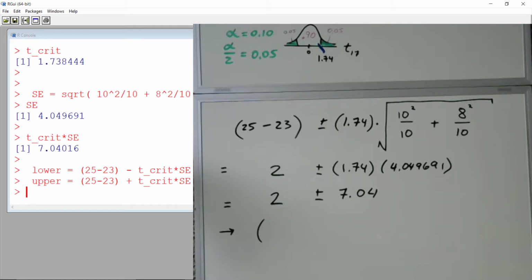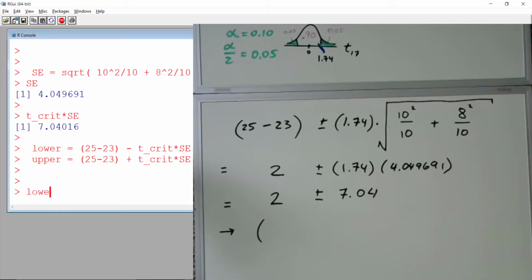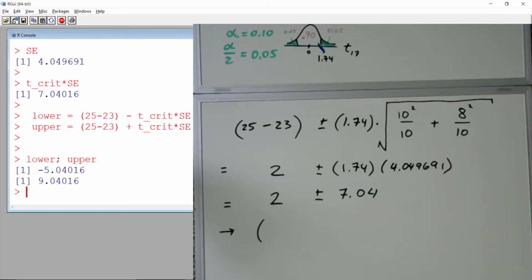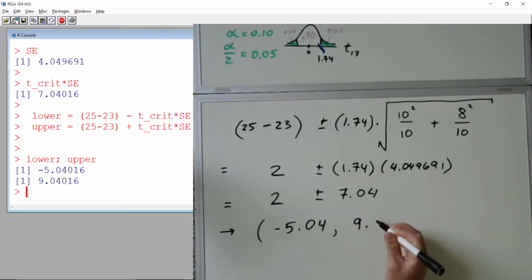So I've computed the lower and the upper there. Hook it up, R. Lower, upper. Tell me what those values are. A negative 5.04 approximately to 9.04.